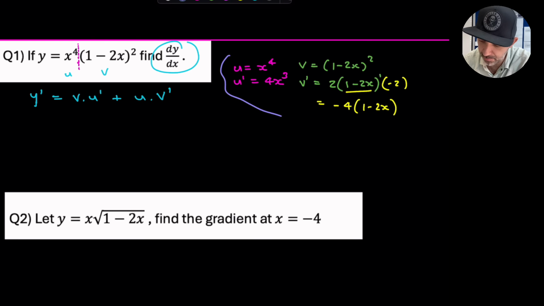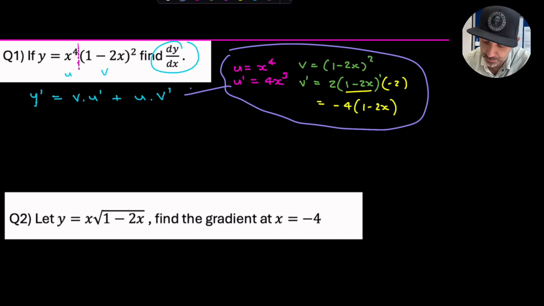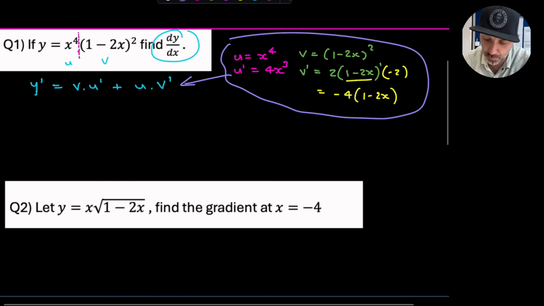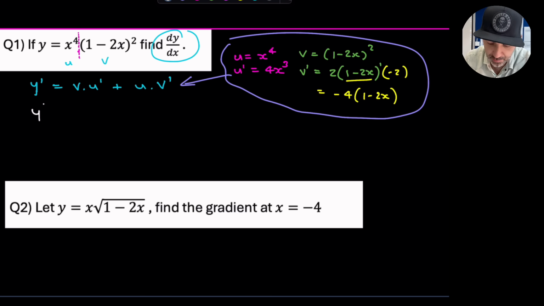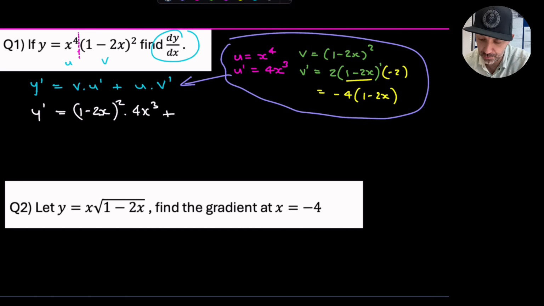Once we've got all our expressions here, we are going to put them into the product rule formula. So y prime is equal to v, so we go over to the right and extract what v was, which is (1 minus 2x) squared, times the derivative of u, which was 4x cubed, plus u, which was x to the 4, times the derivative of v, which was minus 4 times (1 minus 2x).